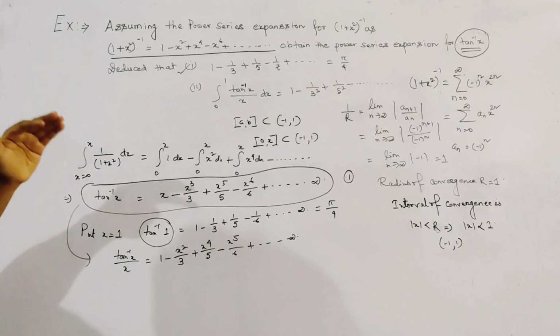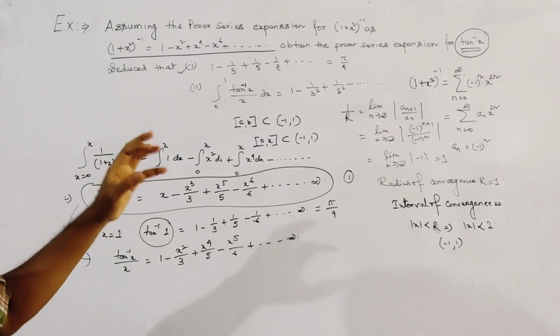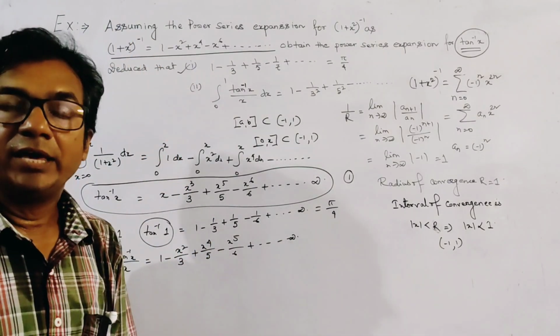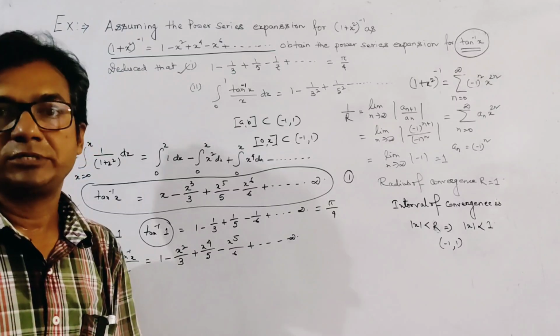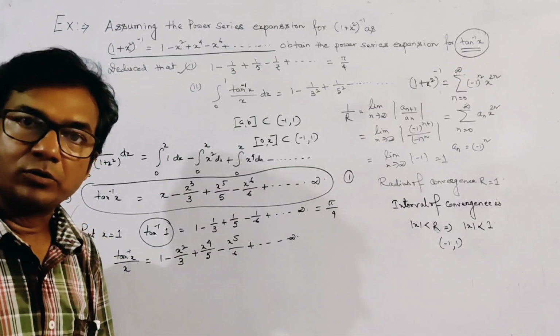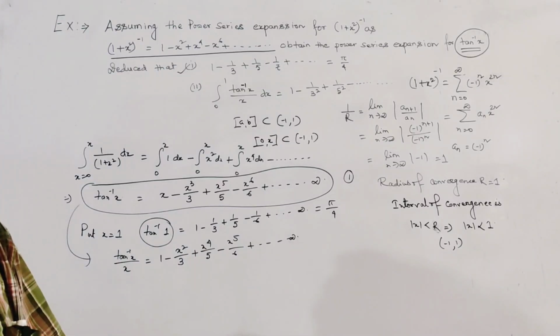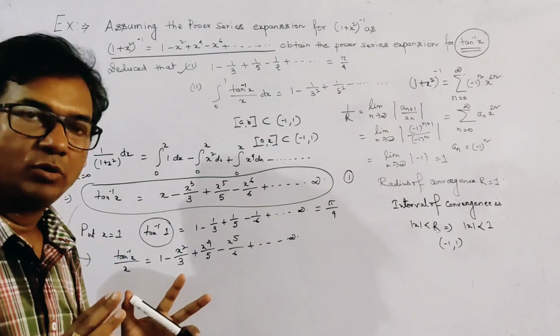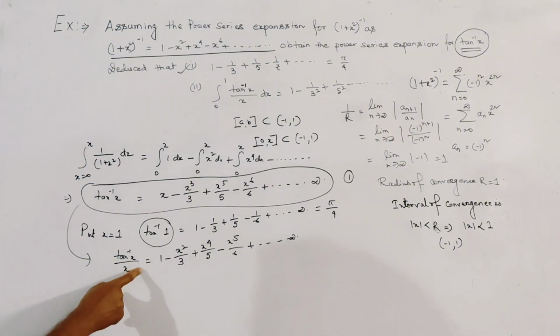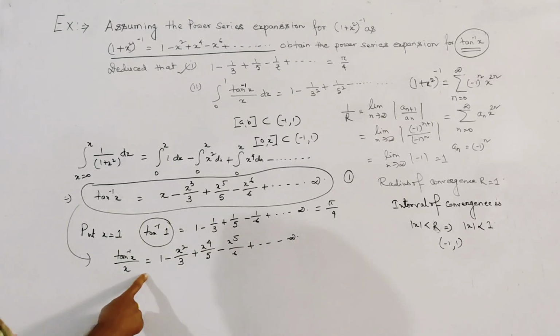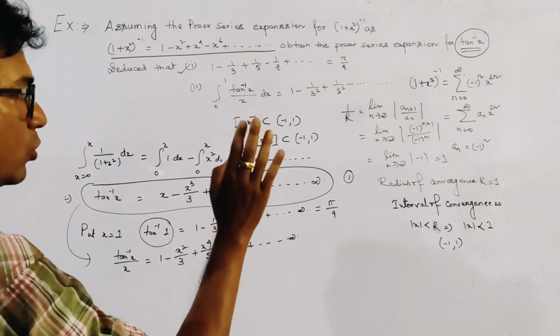It is an important theorem of power series that if we get another power series by term by term integration or differentiation, the radius of convergence is not changed. So the radius of convergence of this power series is also 1.